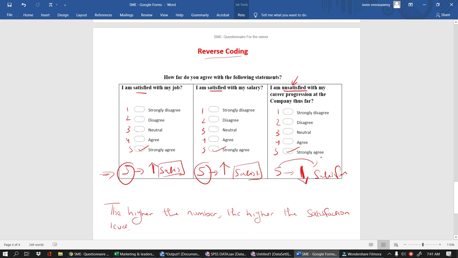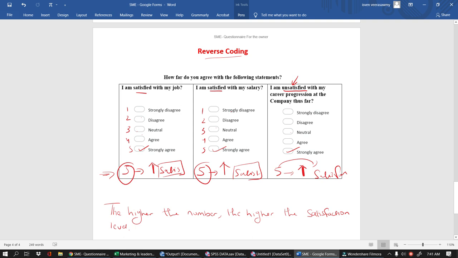So now what you need to do is make all the questions measuring satisfaction measure satisfaction in the same direction. That is, a high number should always represent a high level of satisfaction. So you just need to reverse code your categories.